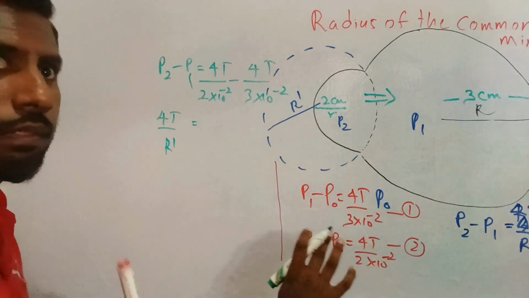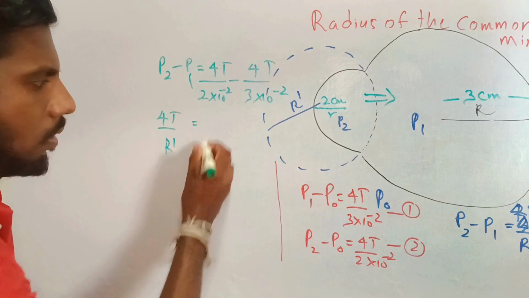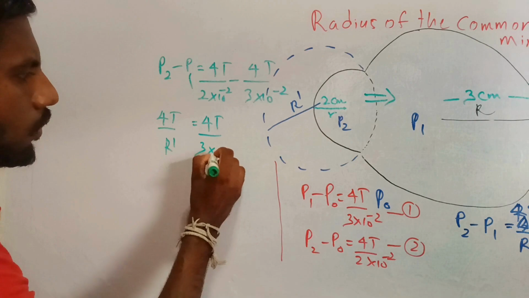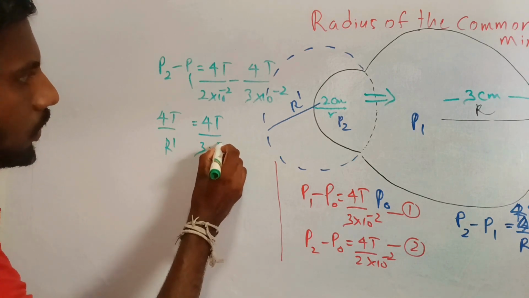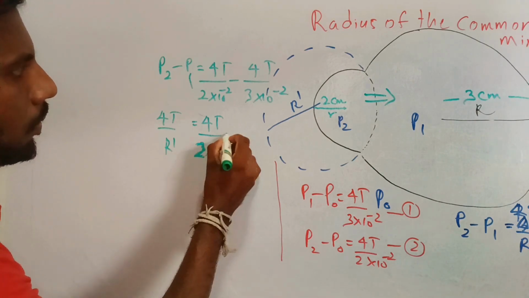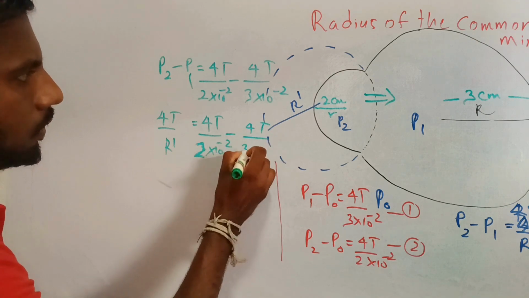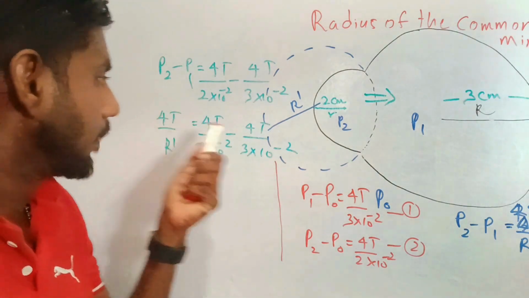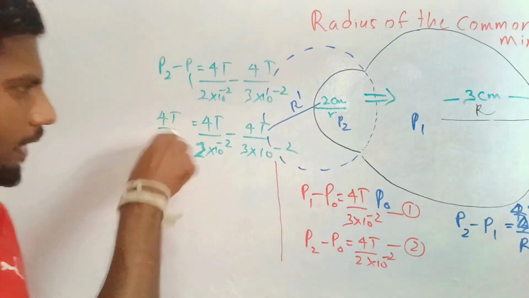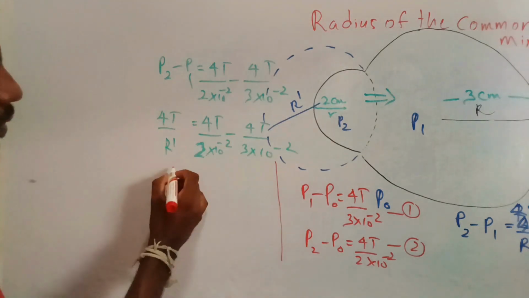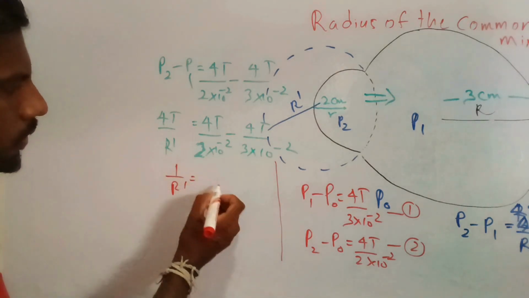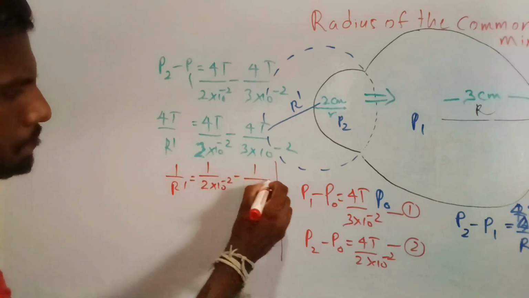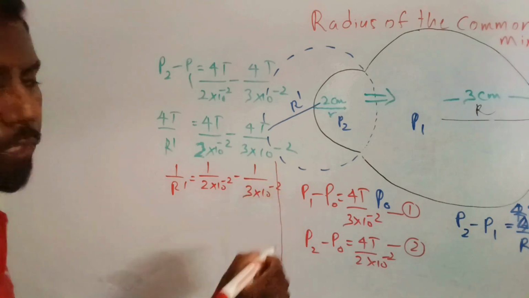I hope you can see that the 4T values cancel off. So 1 over R dash equals 1 over 2 into 10 to the power minus 2 minus 1 over 3 into 10 to the power minus 2.